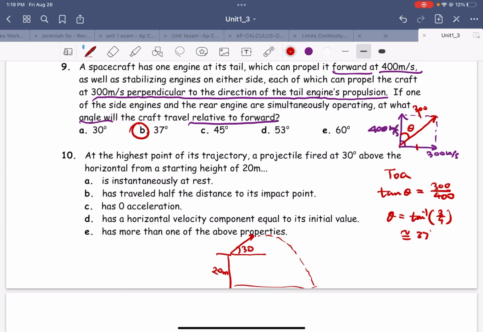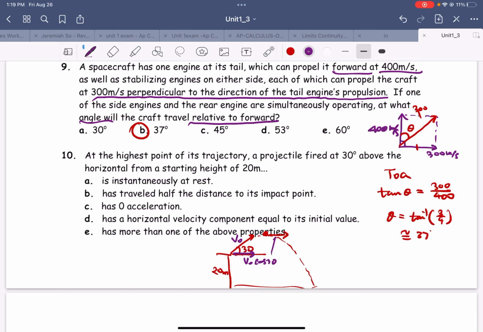Is it instantaneously at rest at the highest point we talk about right here? Instantaneously at rest, that's not true, because you still have a horizontal velocity, same as this horizontal portion right here. We don't know the number, it's not given, but let's say initial velocity times cosine 30 degrees.